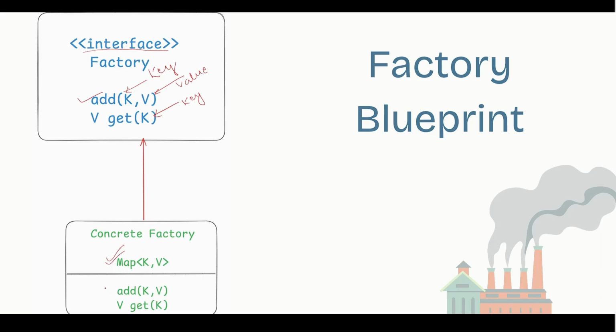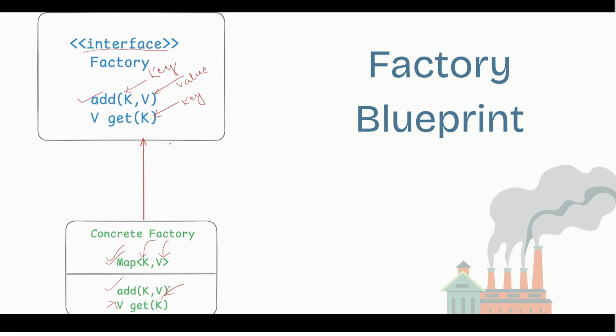Whenever you add a value, you simply put that key into the map along with the corresponding value. And whenever you try to get this value, you just supply the get method with the key and you get the value back.